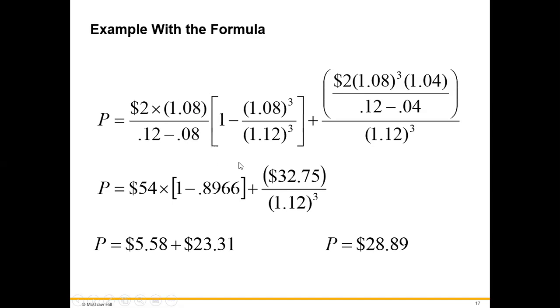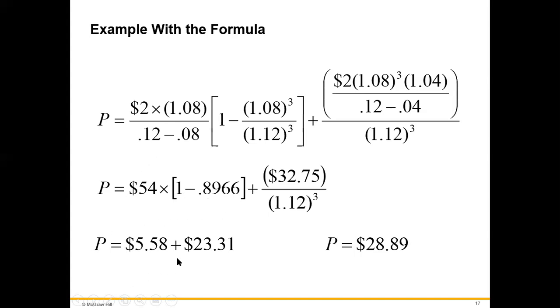Multiply that result by 1 minus 1 plus the first growth rate of 8% to the number of years, the T, that growth rate will be in effect, 3. Divide that by 1 plus your discount or market rate of return to the same number of periods. That will result in 1 minus 0.8966. Multiply that result by $54.